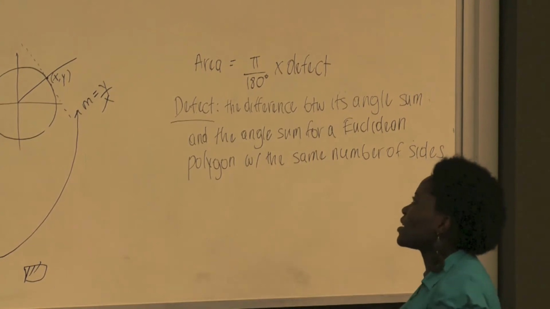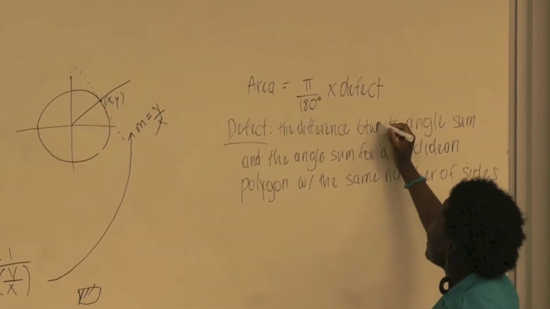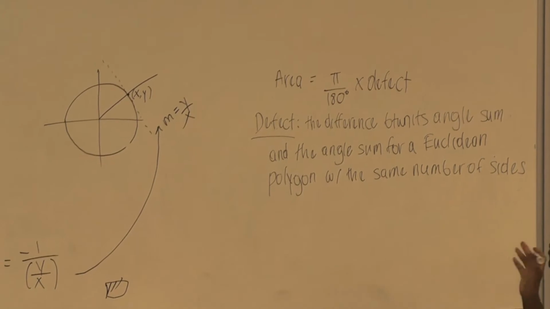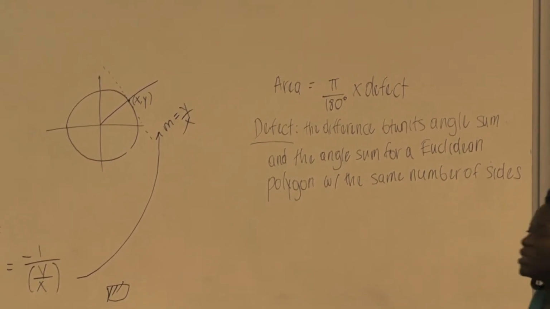Okay, so this is the defect. Okay, so the difference between its angle sum and the angle sum for a Euclidean polygon with the same number of sides, right? So really this formula is given.